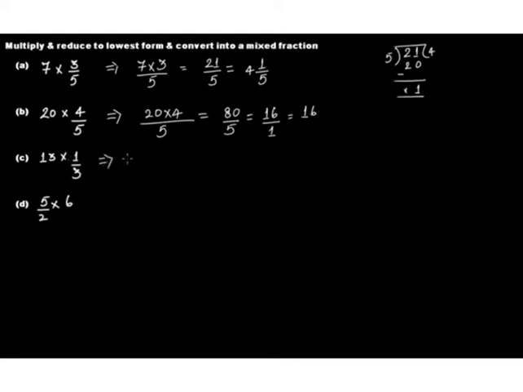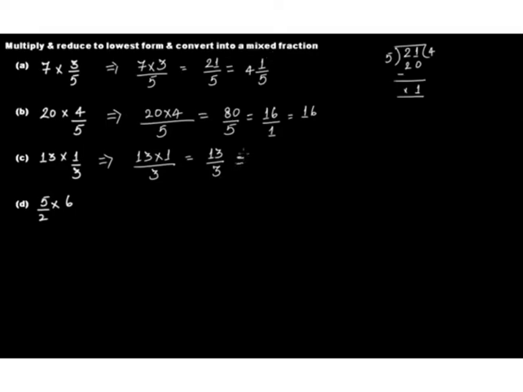This is 13 times 1 by 3. So 13 multiplied by 1 and divided by 3. This is 13 divided by 3. The highest common factor of 13 and 3, again 1, because there is no other common factor than 1. Now you have to write it in its mixed fraction form.